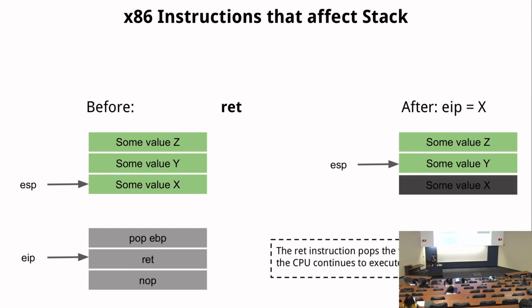Return is the opposite operation of call. The return instruction on x86 is very simple. It's basically a pop. But for this pop, you do not specify the target register to pop to.